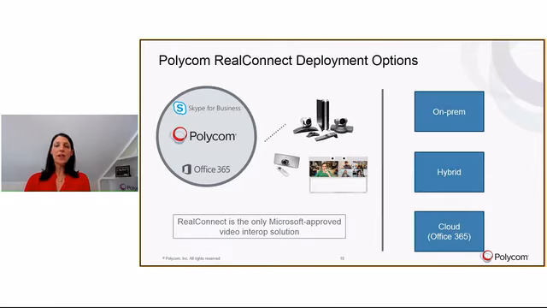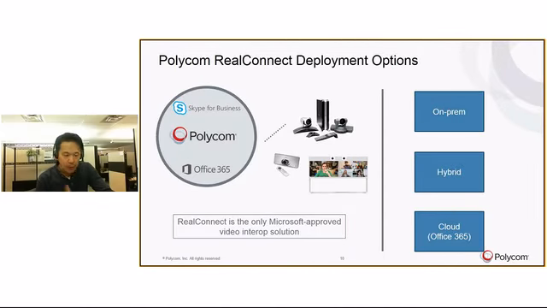So Takeshi, what if somebody is not fully on Office 365 yet, but still has a need for video interop? What would you suggest? Sure. Polycom RealConnect was originally developed to work with Skype for Business on-prem server, so we have a RealConnect solution available for Skype for Business on-prem and in a hybrid environment, as well as Office 365.